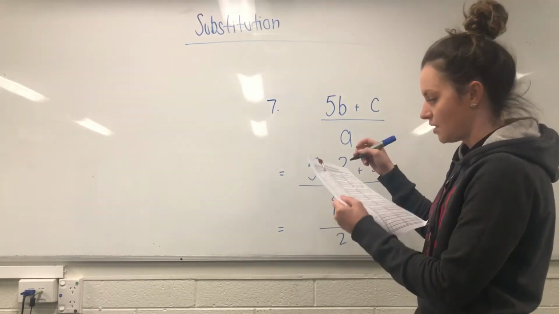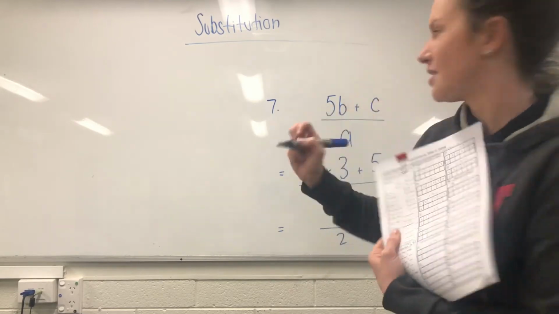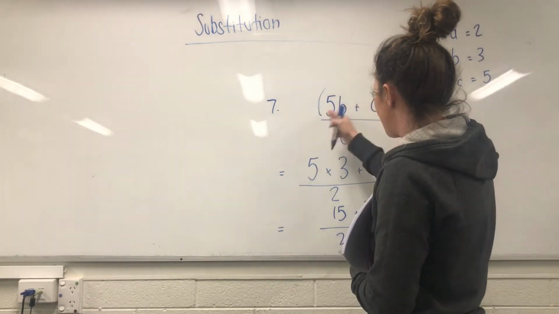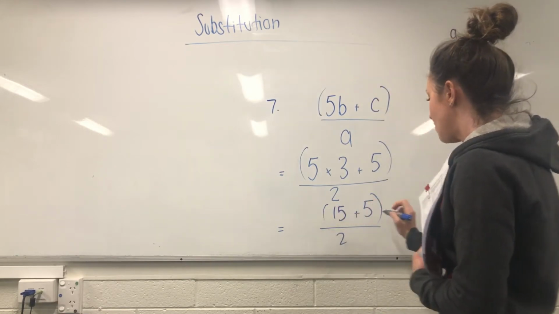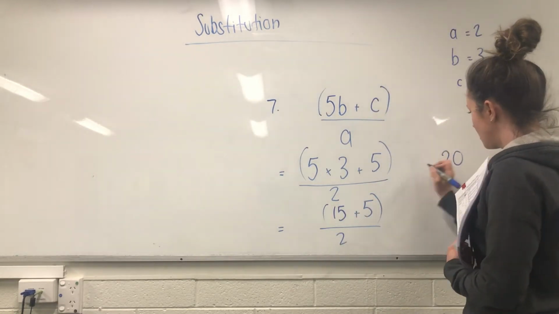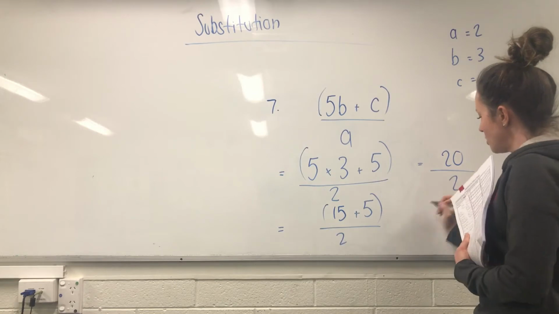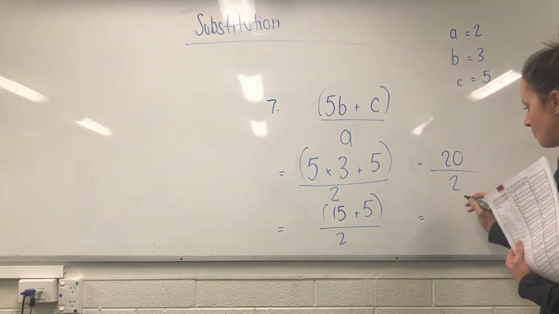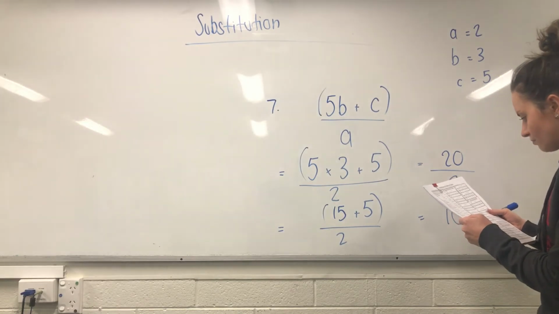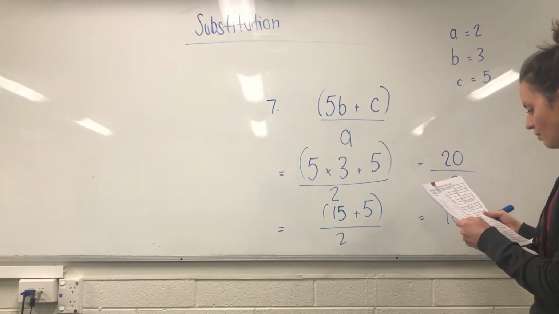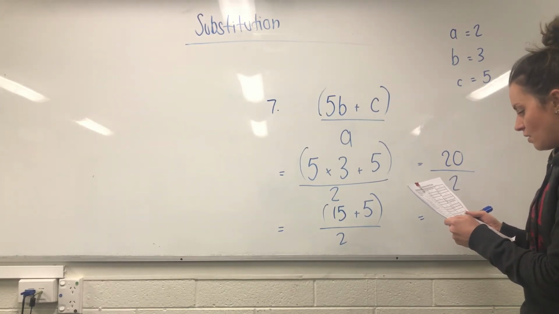Sometimes what we would use is brackets just to section that part off. So 15 plus 5 is 20, over 2, and then 20 divided by 2 is 10. So in this scenario, our answer here would be 10.